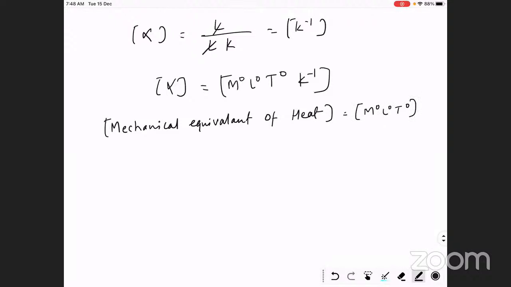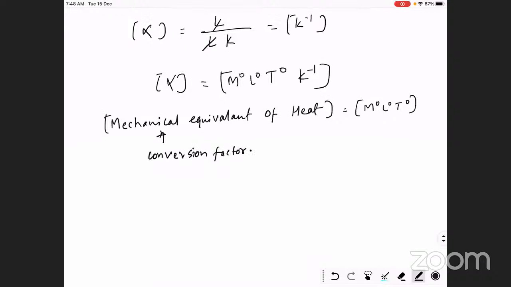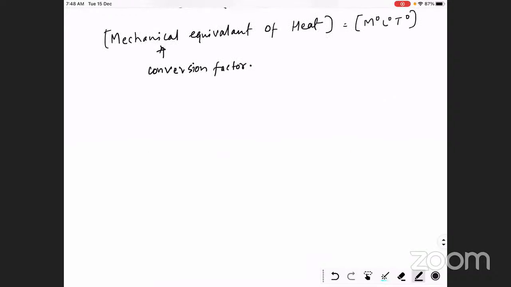It just gives us one piece of information: 1 calorie is equal to 4.2 joule. It does not have any dimensional formula.